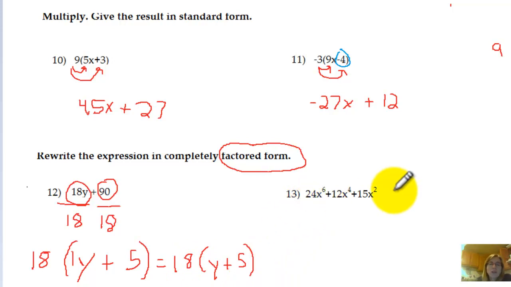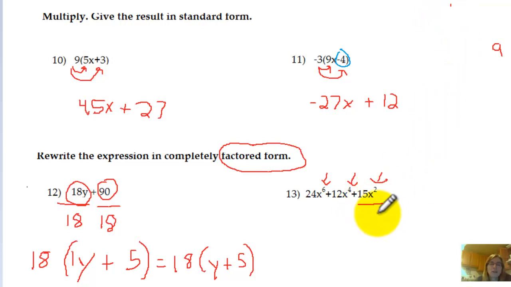Okay, so on this one it's a little more complicated. We have an exponent with the same base, which is nice, on each number. So in this situation, you take the one with the smallest exponent, which is the common factor between all of the x's, and you divide by the x squared.